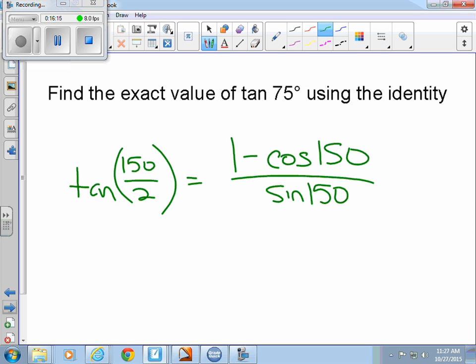Okay, cosine of 150. Can I find that? What is the cosine? Negative radical 3 over 2. What is the sine of 150? A little bit of simplification.